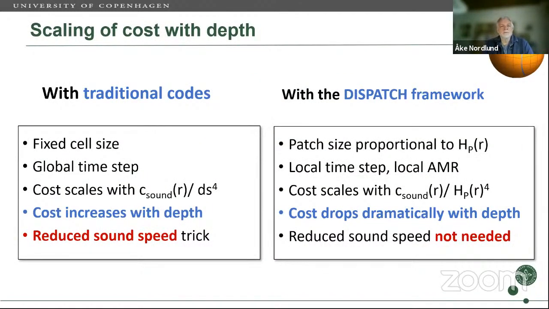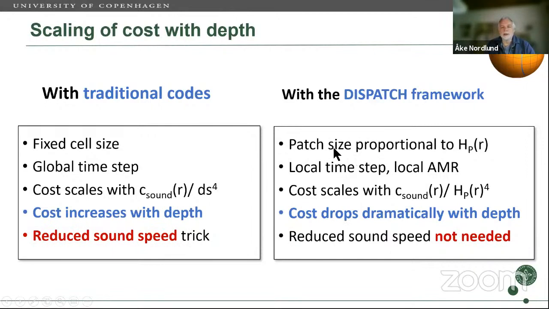So scaling here is the key. In the case of traditional codes, cost scales, of course, as the sound speed divided by the resolution to the 4th power, and that increases with depth because the sound speed increases with depth. And that forces one to use the reduced sound speed trick.